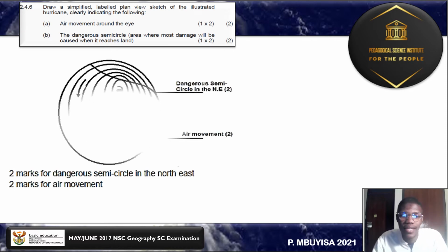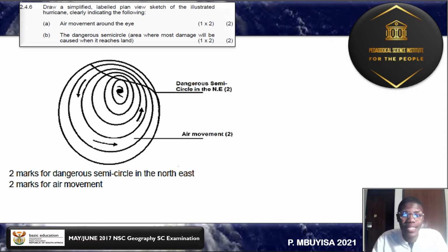So this is the diagram you should draw. Remember, they said a plan view sketch. They did not say draw a cross section, because remember, they had given you the cross section already in the examination, in your annexure. So they are asking you now to give us a rough sketch of what will happen. I hope we understand that one.